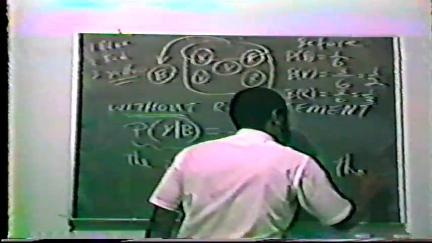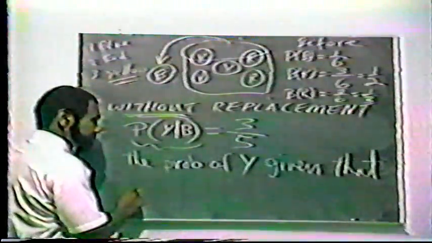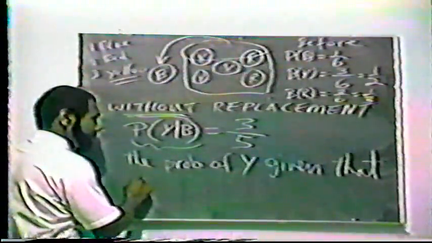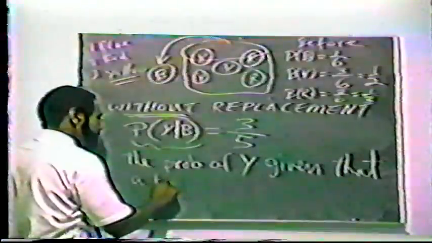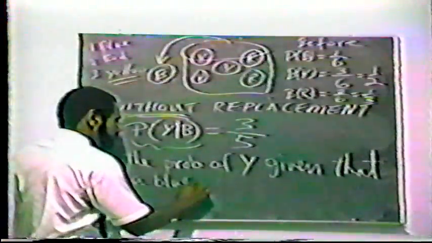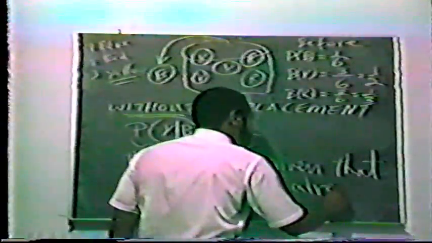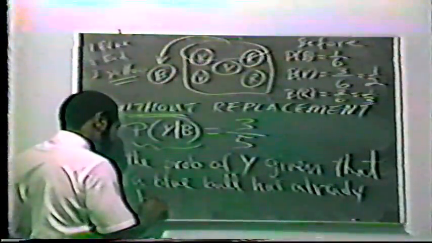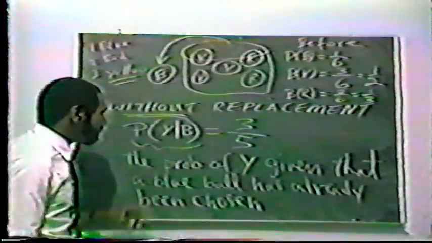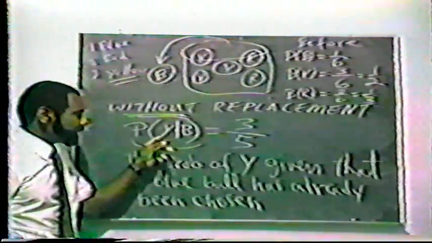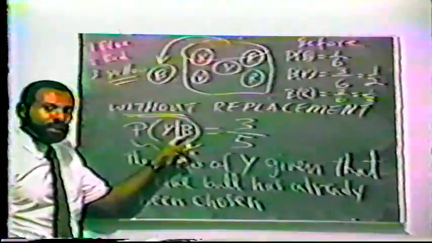Given that a blue ball has already been chosen. Once again, this is read: the probability of getting a yellow ball given that the event of getting a blue ball has already occurred.